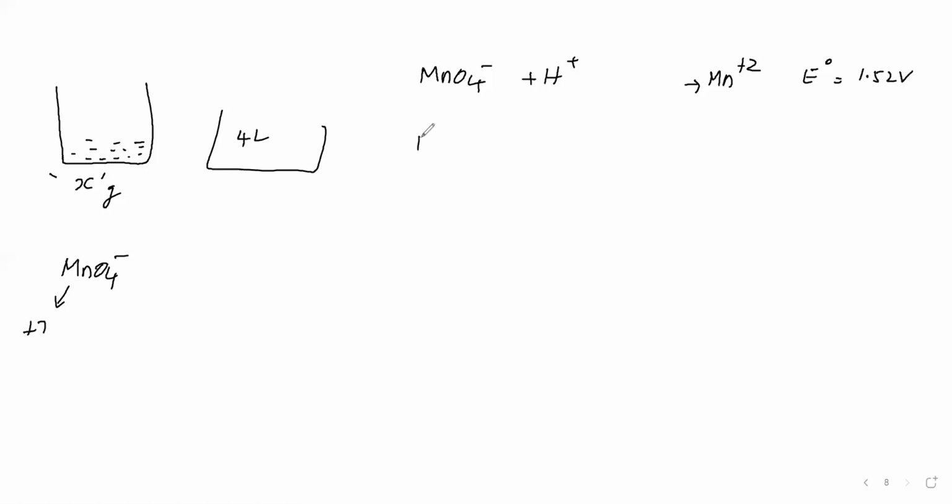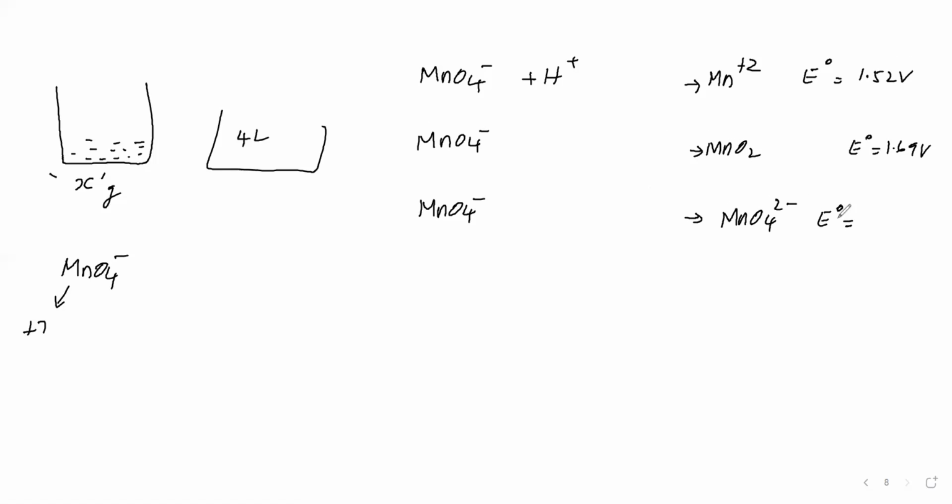Then in neutral medium, it is converting into MnO2. Here the potential is 1.69 volt. In alkaline medium, strongly basic medium, it is converting into manganate, MnO4 2 minus.